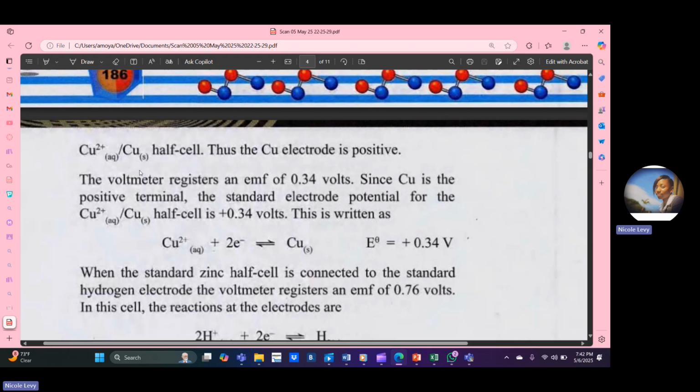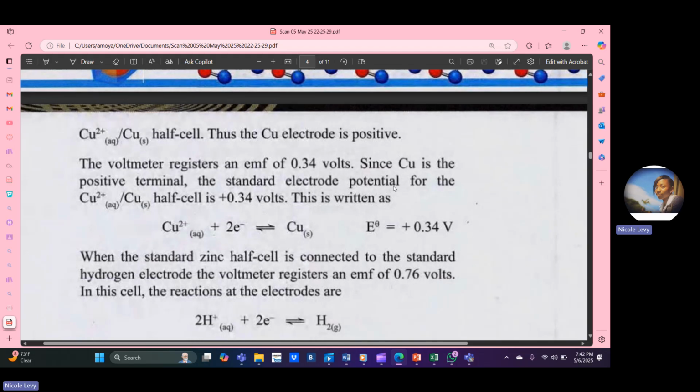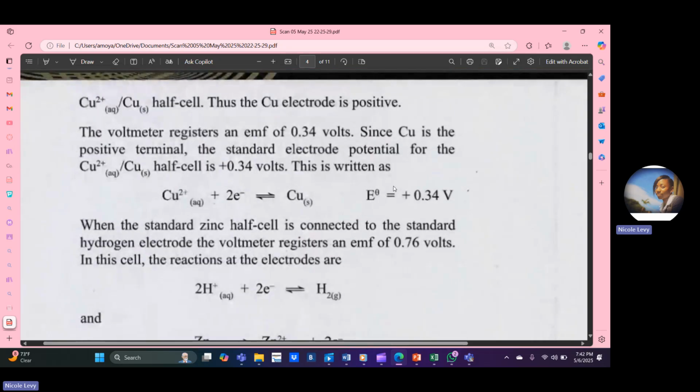So whenever we connect a copper half cell to the standard hydrogen electrode, we get a voltage of 0.34 volts. Since copper is a positive terminal, the standard electrode potential for the copper half cell is positive 0.34, and this is written this way.